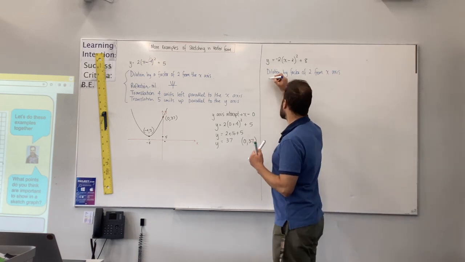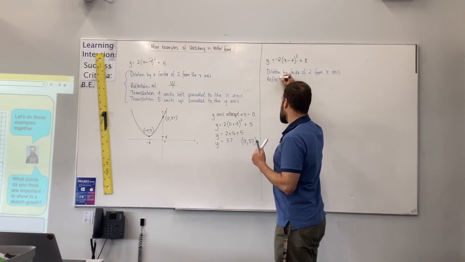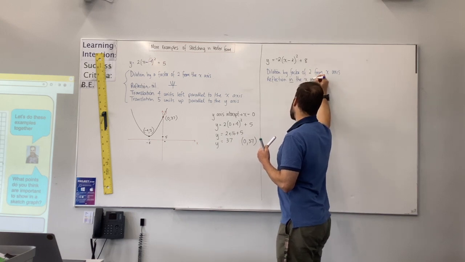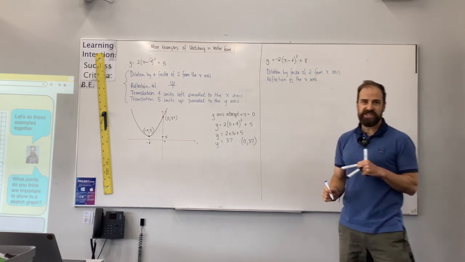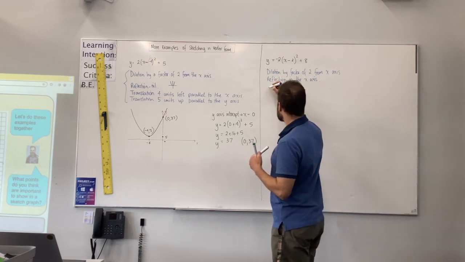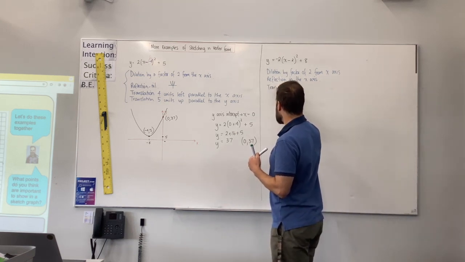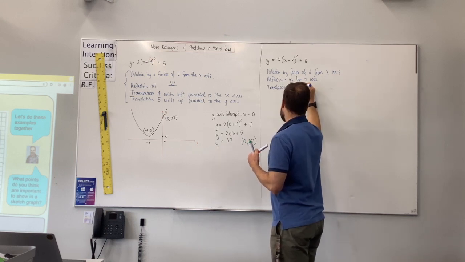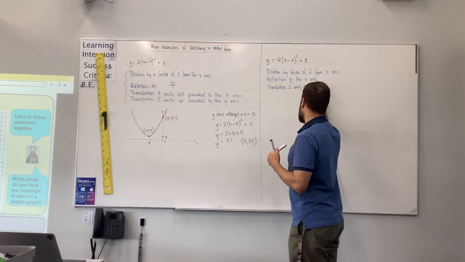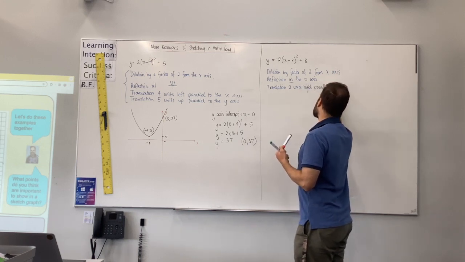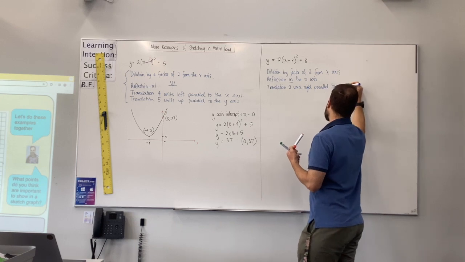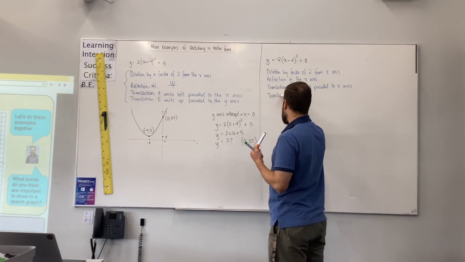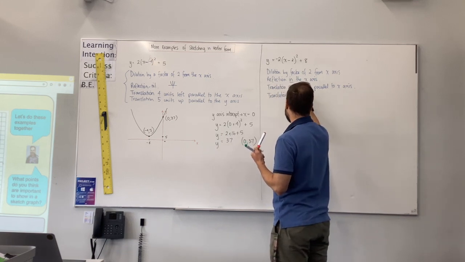Yes. We describe our reflections as a reflection in the x-axis. Perfect. Is there a translation? Yeah. 2 units to the right, 8 up. And the one to the right is parallel to the x-axis because left and right is parallel to the x-axis and up and down is parallel to the y-axis.